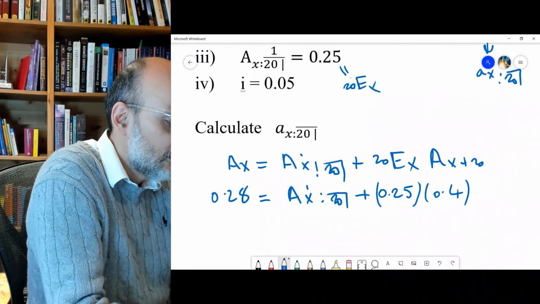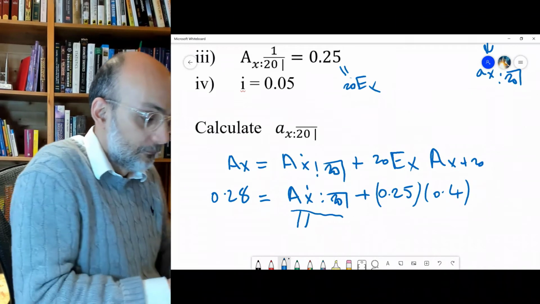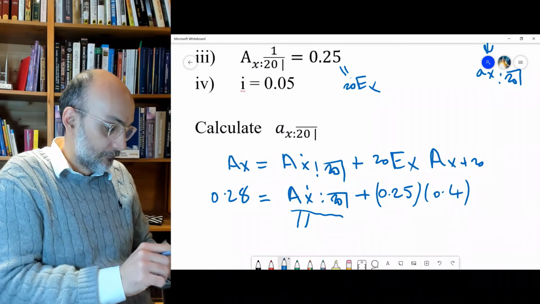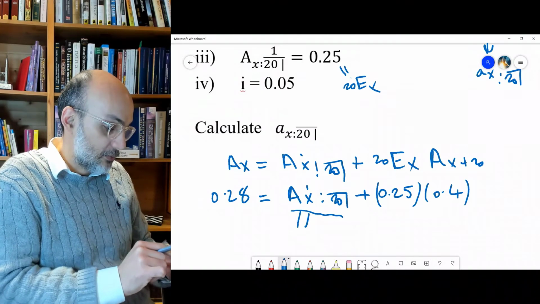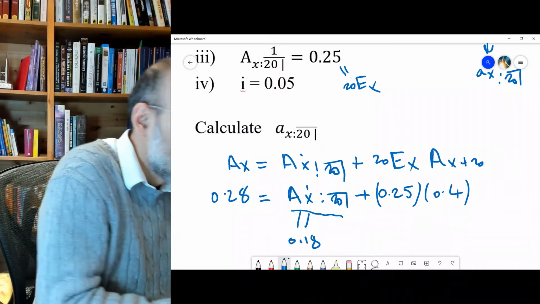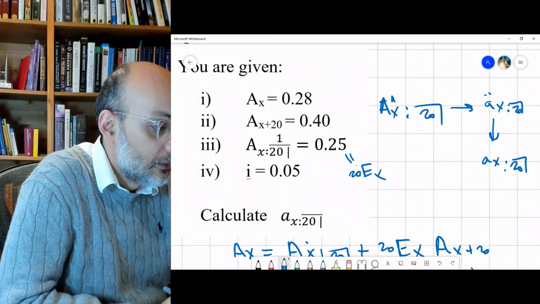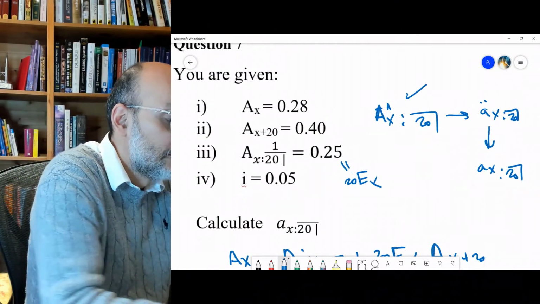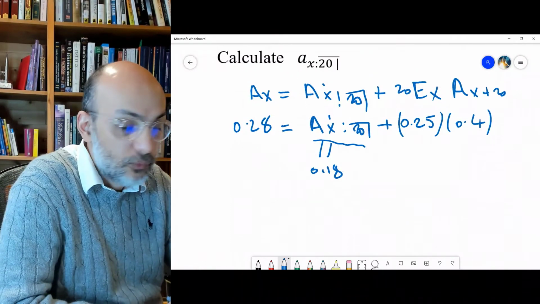Now this will give us this guy here equal to 0.28 minus 0.25 multiplied by 0.4, which is 0.18. So this is the first one. Now if we are moving in our map, we got this one. Now how can we move from this one to the annuity?